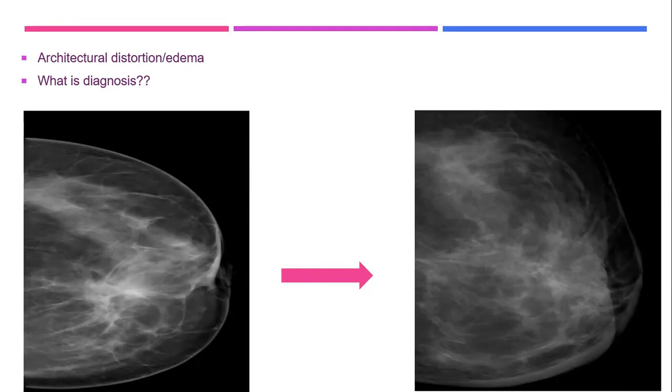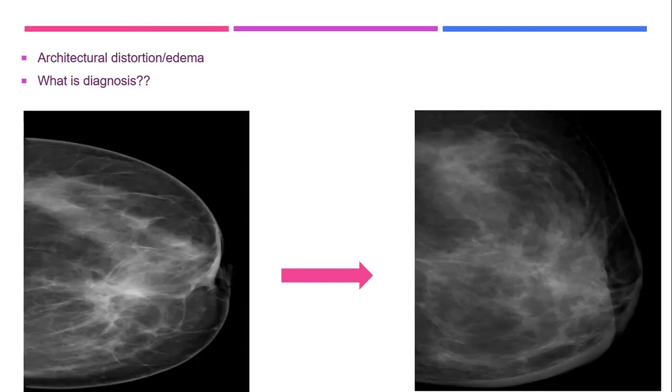Quickly, Abir, what about you? Okay, the previous image showed a spiculated mass. Just in comparison to the previous, is it new changes or the same changes as before? No, it's not a new change.